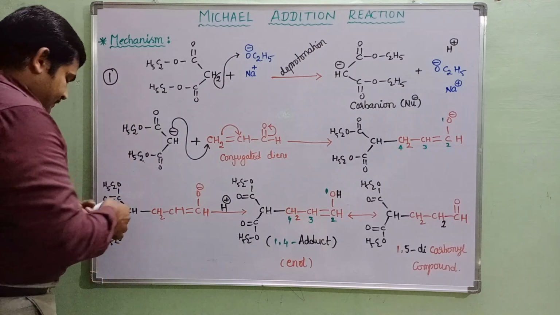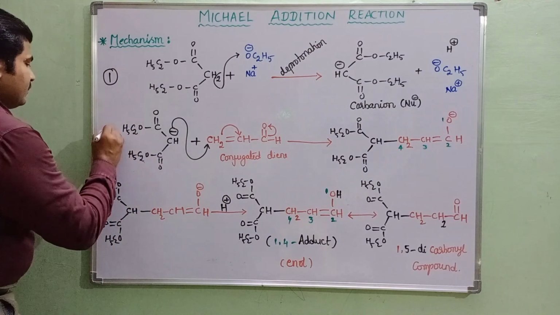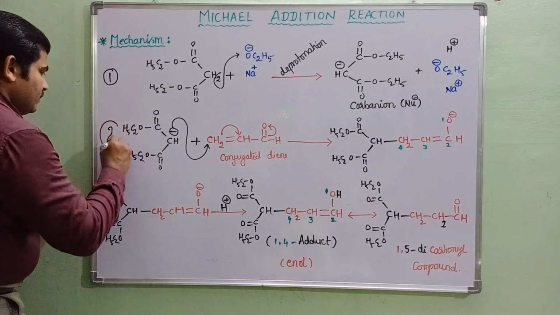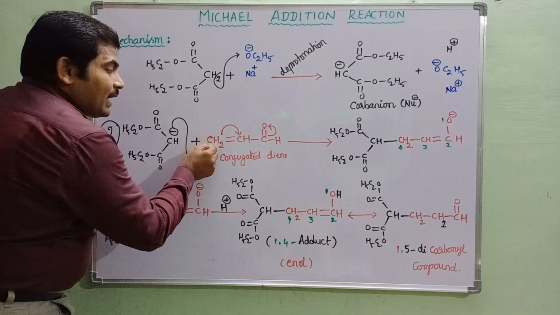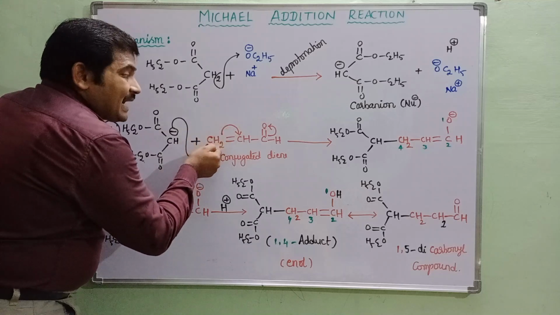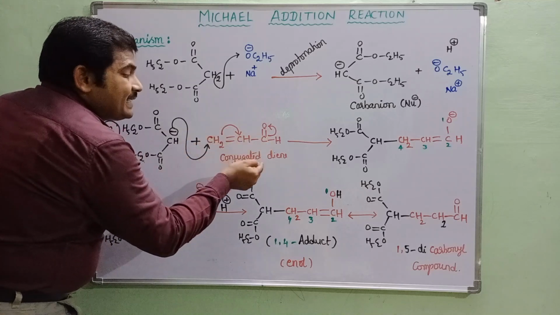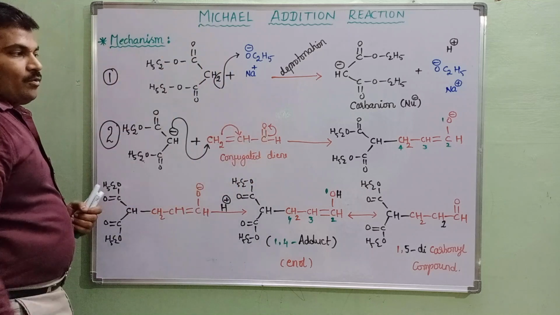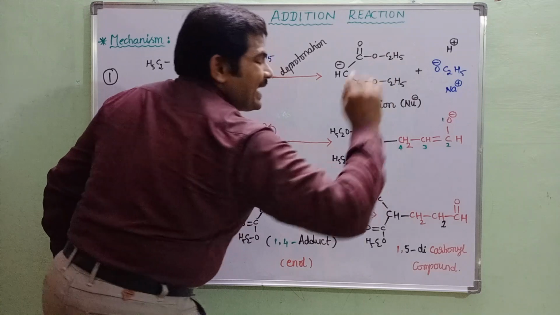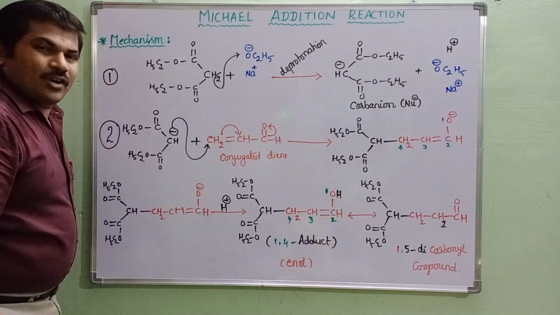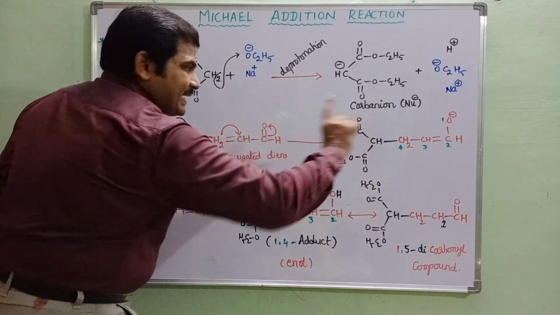Second step. Attack of nucleophile onto the beta carbon of the conjugated system of the carbonyl compound to yield alkene oxide. Alkene oxide. That is the second step.